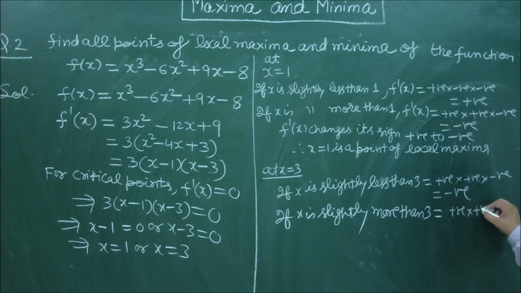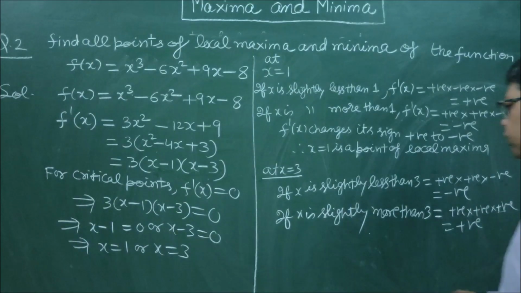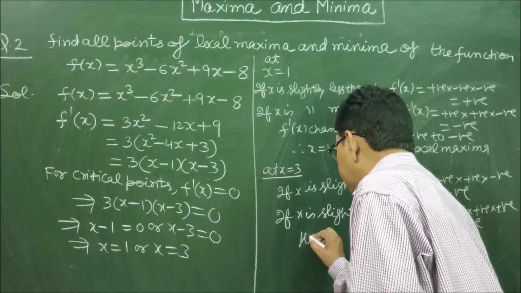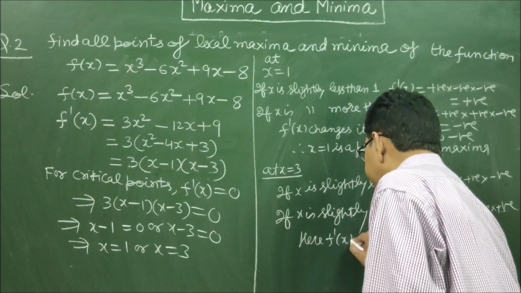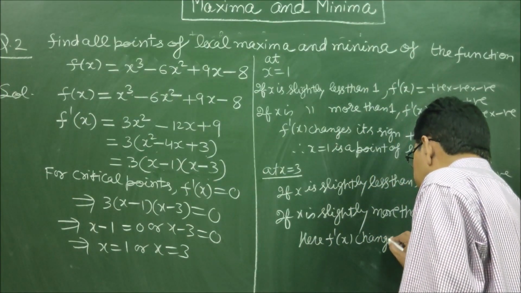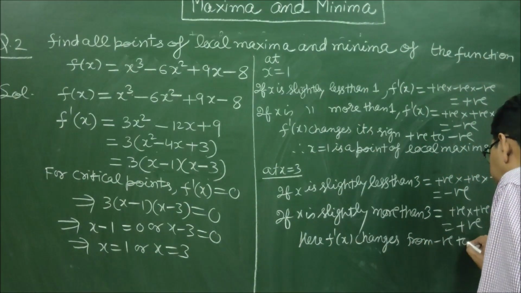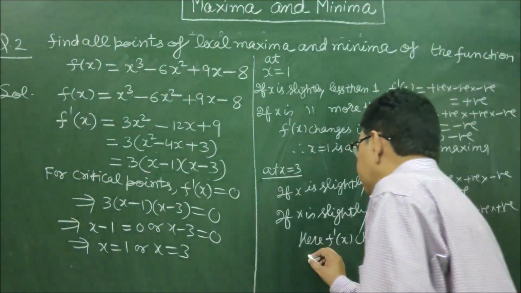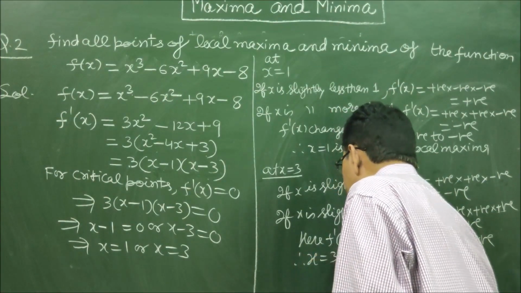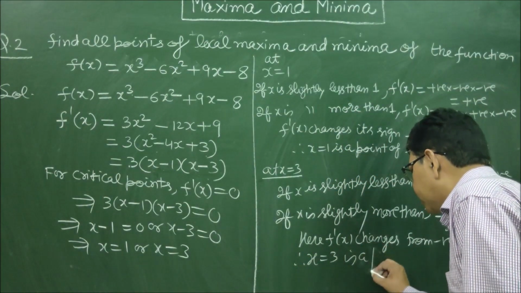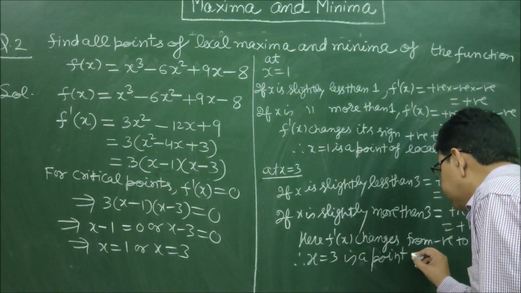So positive into positive into positive, overall the value of f dash x is positive. Here f dash x changes from negative to positive. Negative to positive means this is a point of local minimum, therefore x is equal to 3 is a point of local minimum.